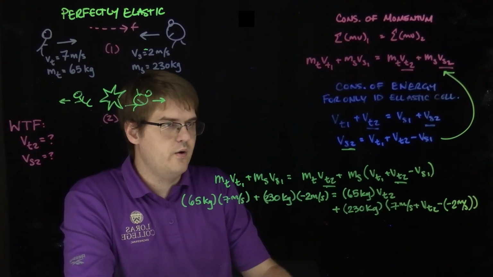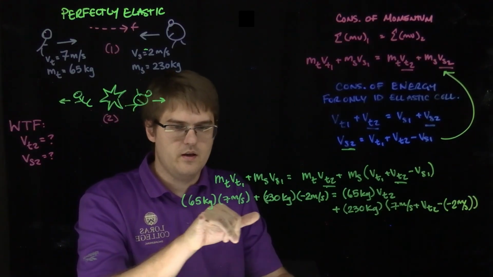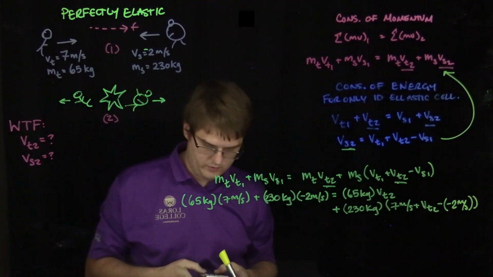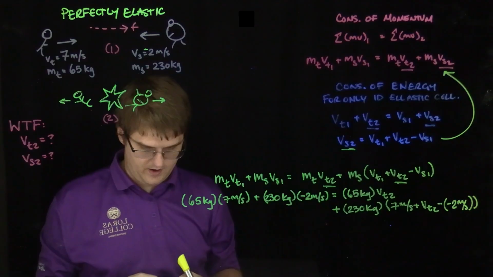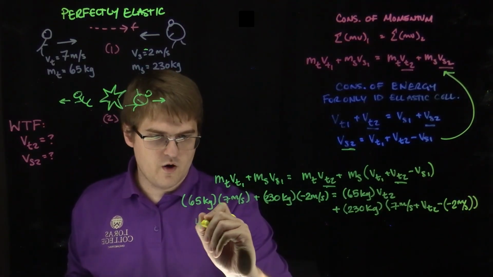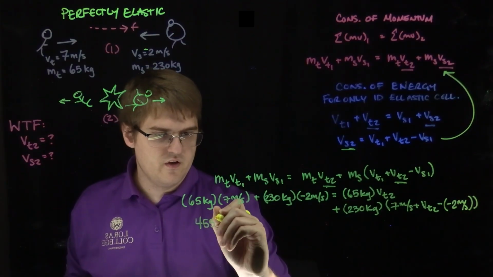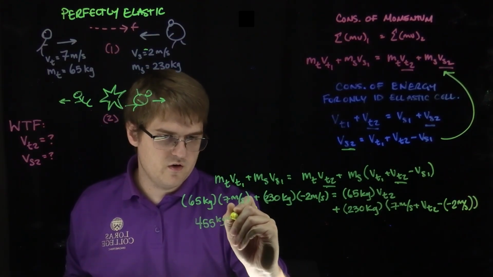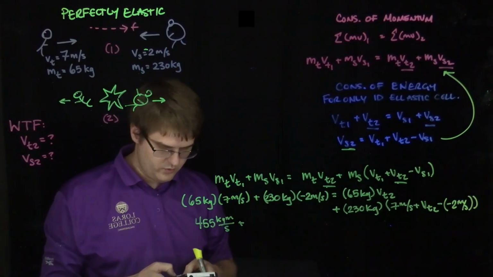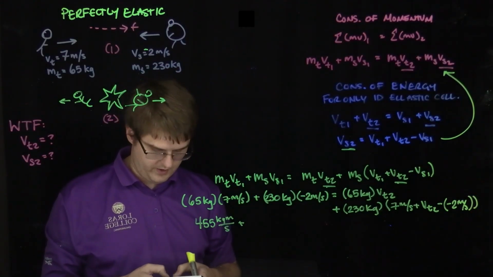So there, I can do all the math. Let's do it. 65 times 7 is 455 kilogram meters per second, plus 230 times negative 2.